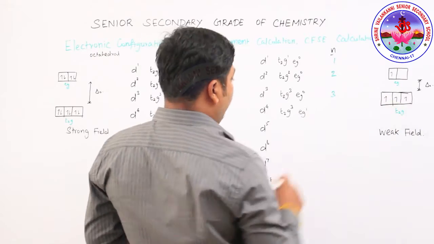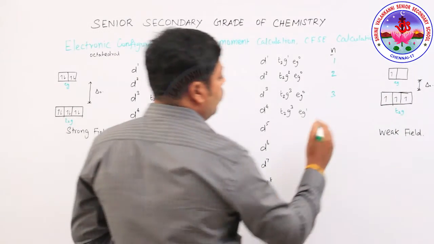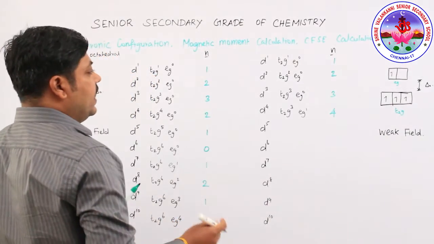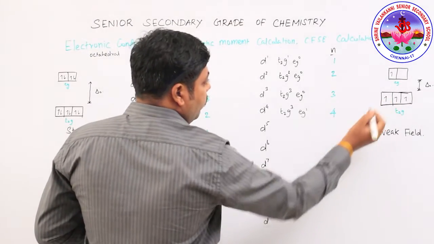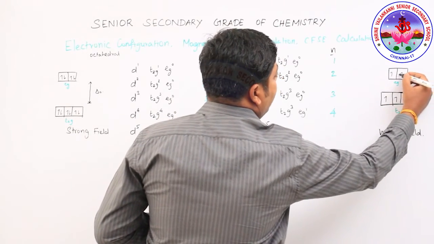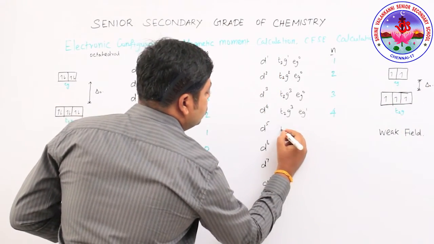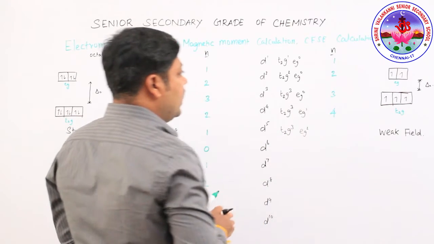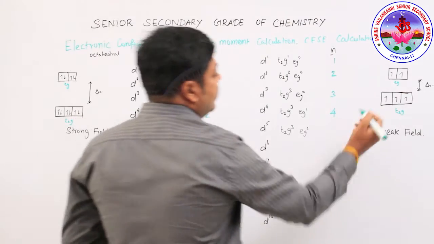Here the number of unpaired electrons is what? 4. Number of unpaired electrons is 4. Then D5. The 5th electron enters the next subcell in the Eg orbital. So that is T2g 3, Eg 2. Then the number of unpaired electrons is 5.